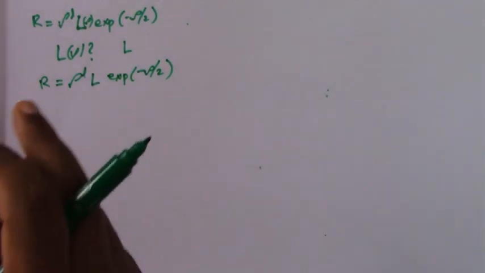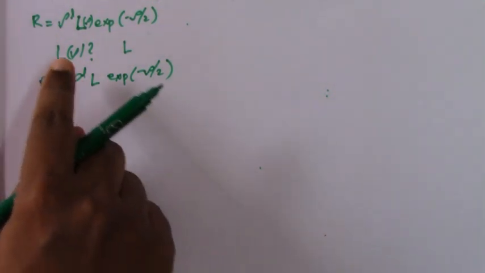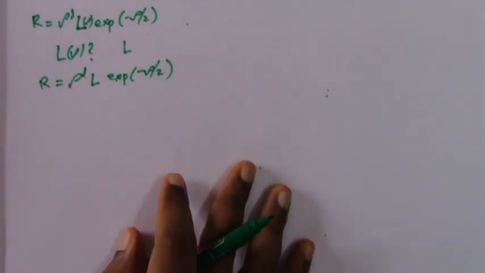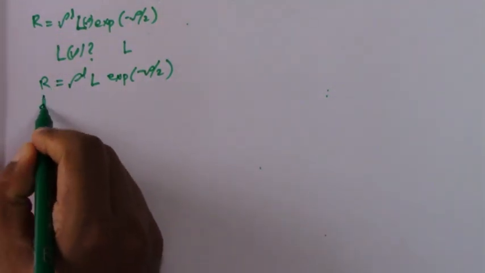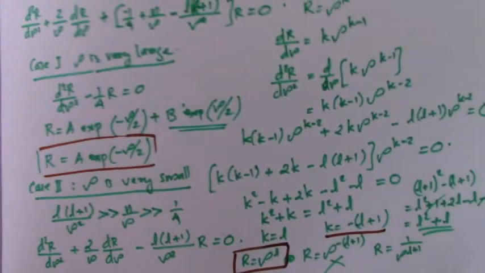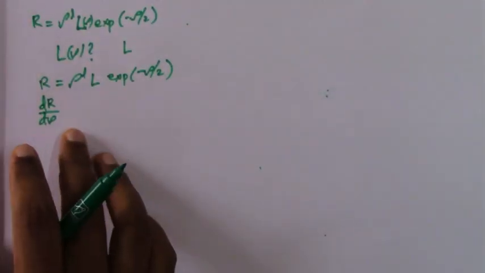You always keep in mind that L is a function of rho. I already said that. So R is equal to this. Therefore, we can find out dR by d rho. Why am I finding dR by d rho? Because in our original equation we have dR by d rho here, so I am going to find the value of dR by d rho from here.